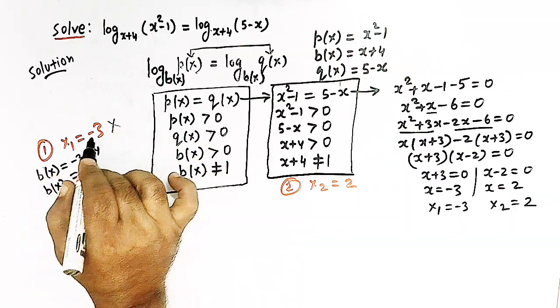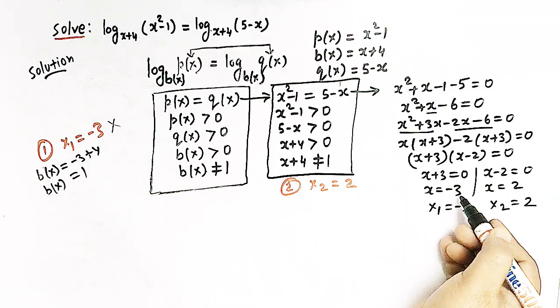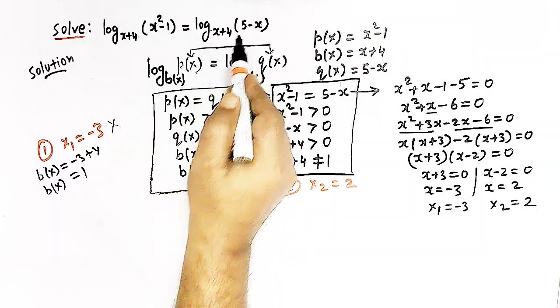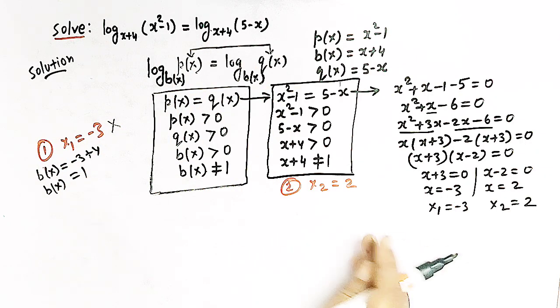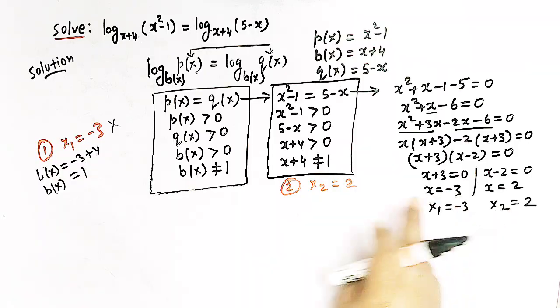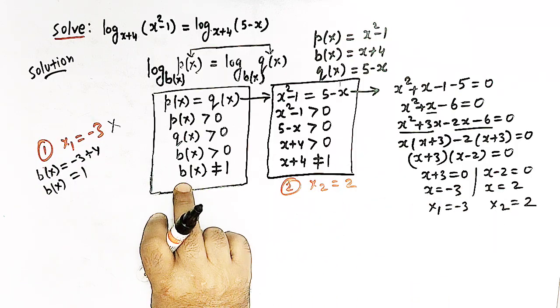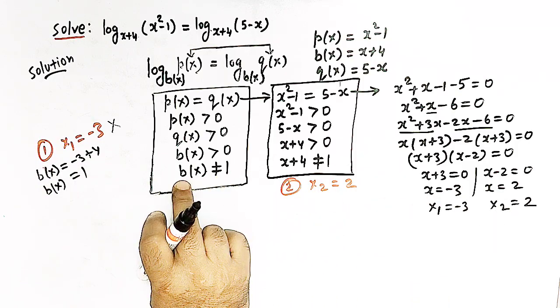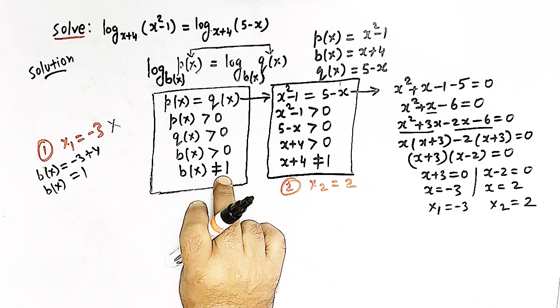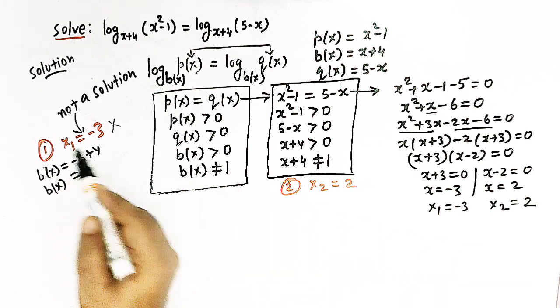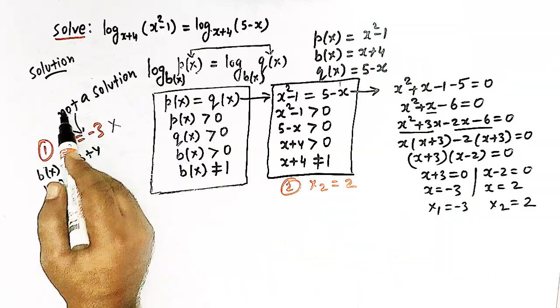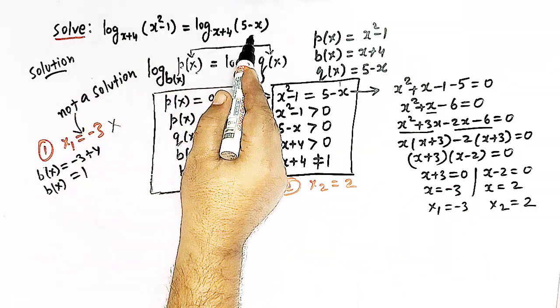So x is equal to minus 3 is not a solution of this logarithmic equation, because this value doesn't satisfy this condition, that is b of x should not be equal to 1. So x is equal to minus 3 is not a solution of this equation.